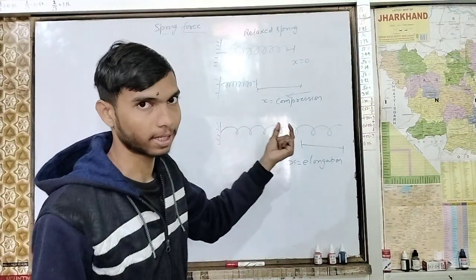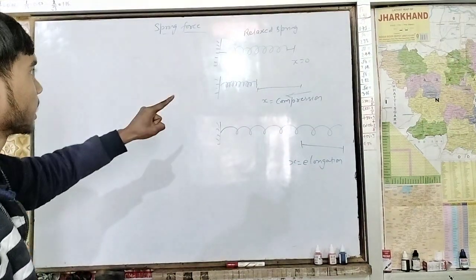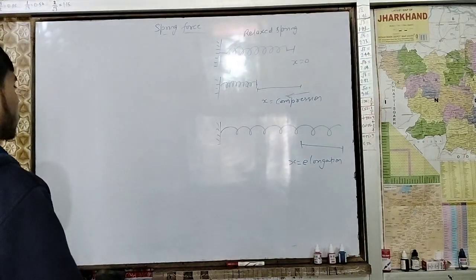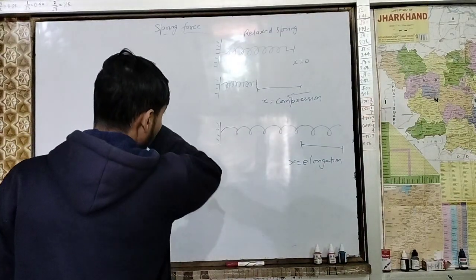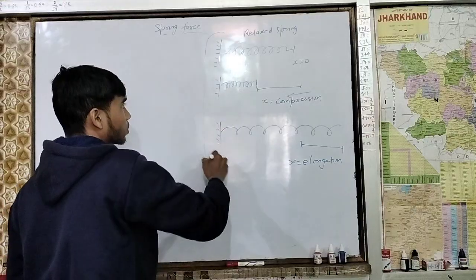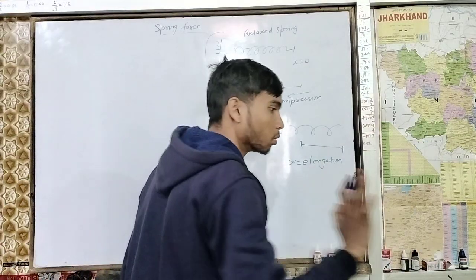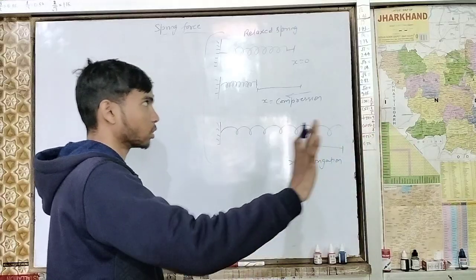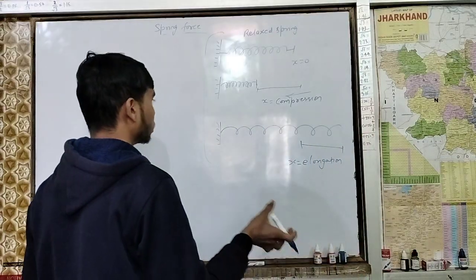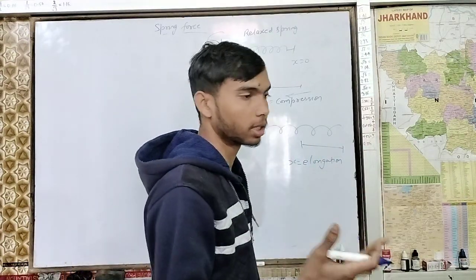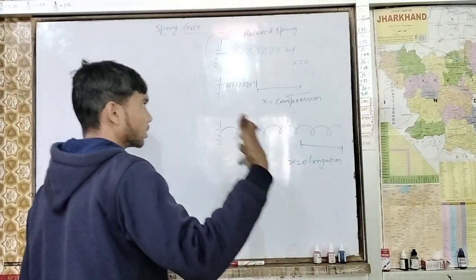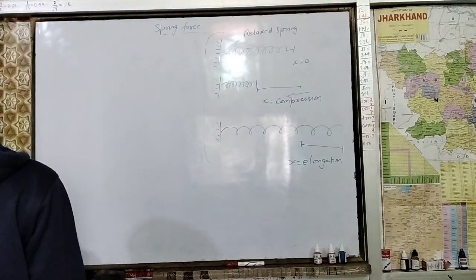Also for the second case it will apply a restoring force. If you pushed a spring, it means you compressed it, so your displacement will be compression. If you pull a spring, it means your elongation increased.